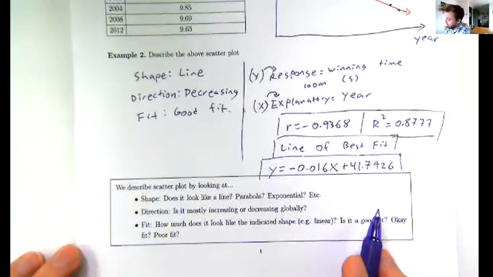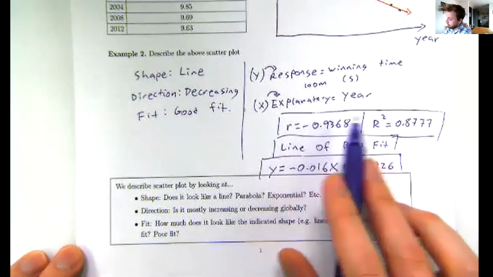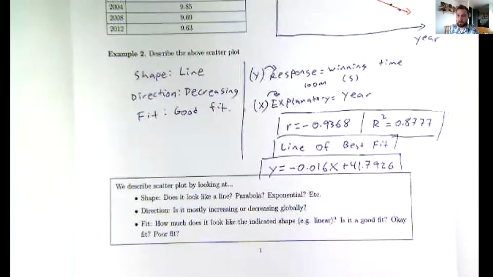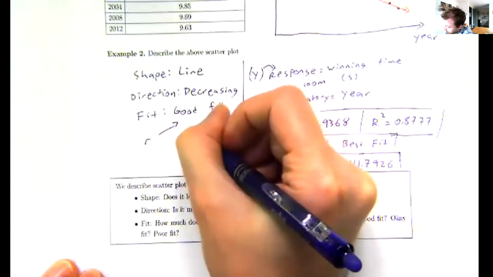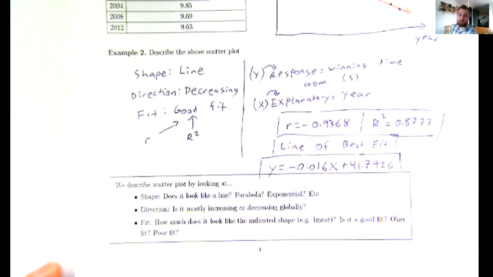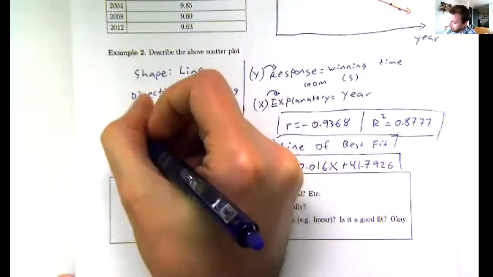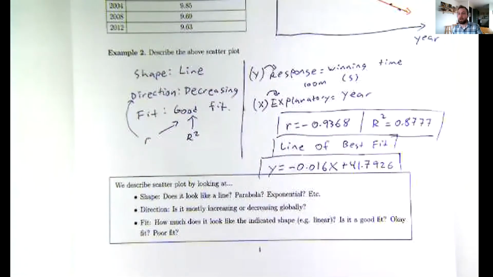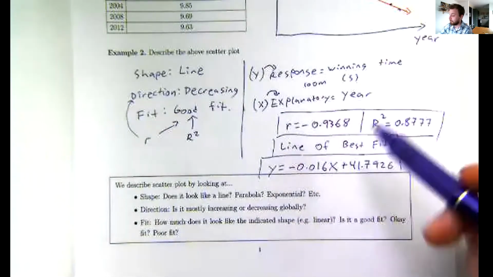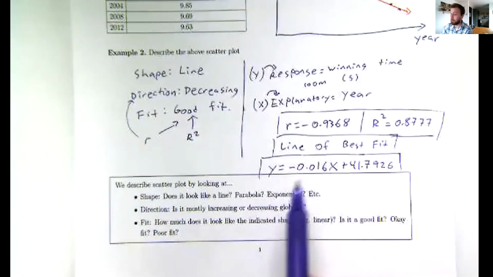Now, I have also this r and this r squared that my calculator gave me. I want to try to figure out what those things are telling me, but just as a pre-note, r and r squared, these are both related to the fit and the direction. So something about r will tell me if my line is going up or down. Something about both r and r squared will tell me something about fit. We're going to return to this line to make predictions. So I'm keeping this to the side.